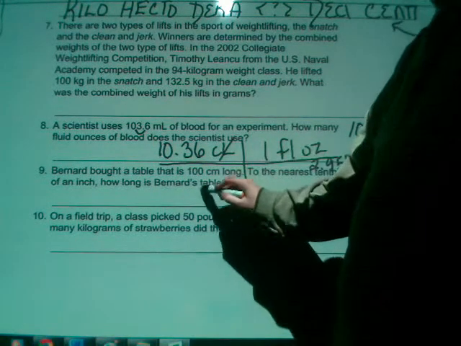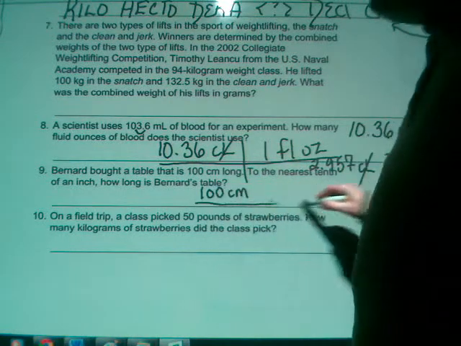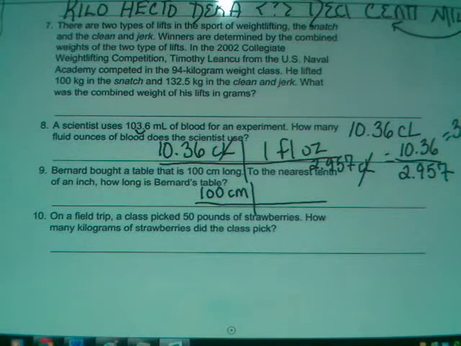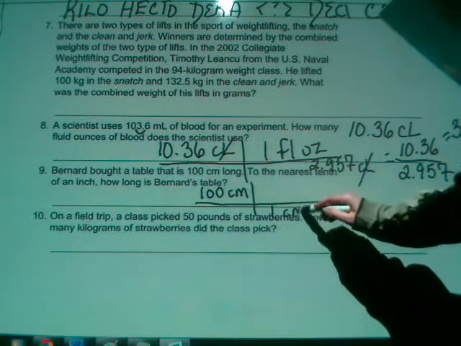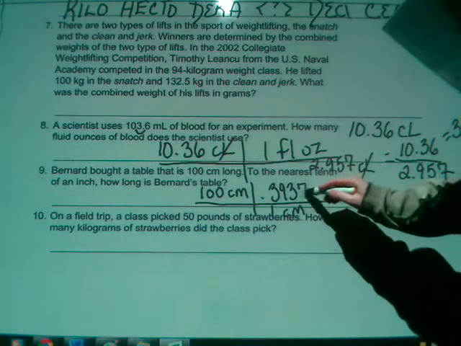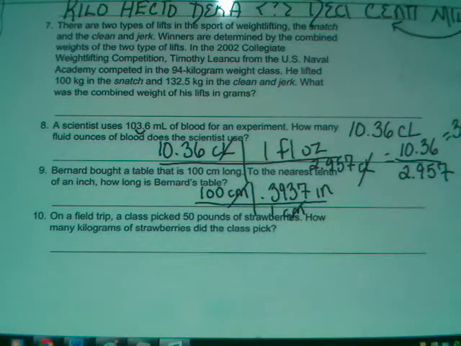So I'm going to start off with 100 centimeters here. Again, our starting thing always goes in the upper left quadrant of that T-chart. And the conversion here is that 1 centimeter is 0.3937 inches. So 1 centimeter in the bottom, 0.3937 inches in the top, because we need to see centimeters canceling diagonally.